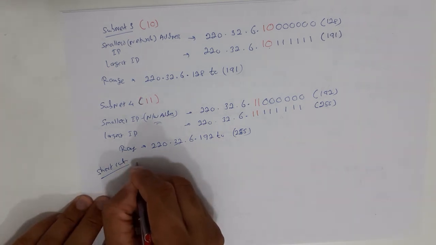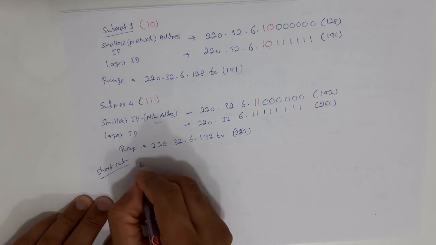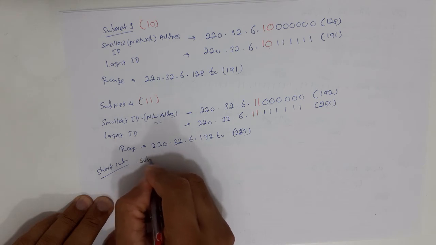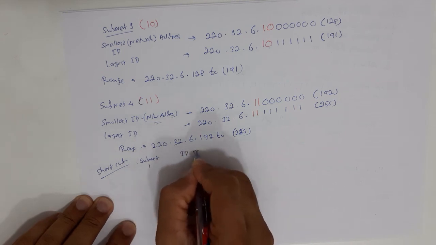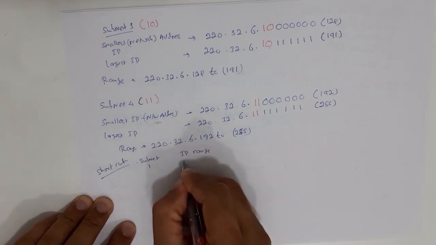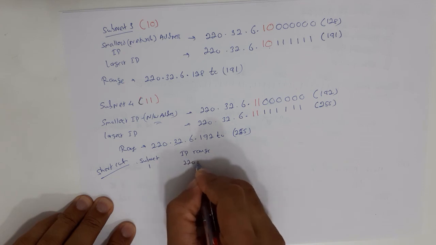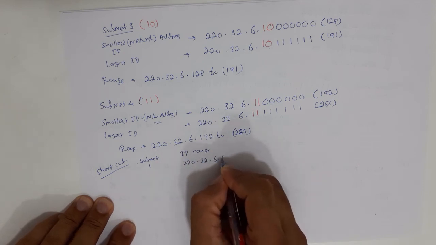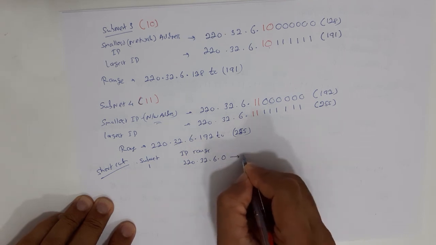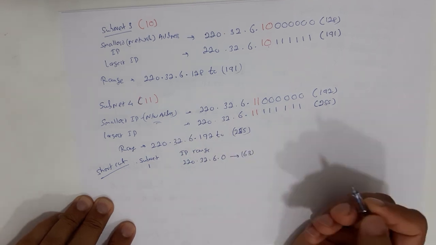After finding the IP address range for the first subnetwork, subnetwork 1 IP range, I got it. That is 220.32.6 dot, for the first subnetwork, it is 0 to 63.